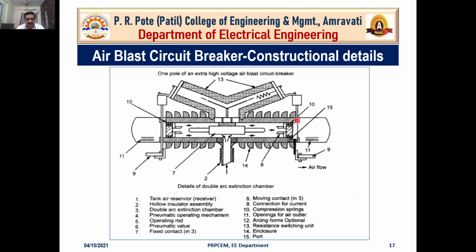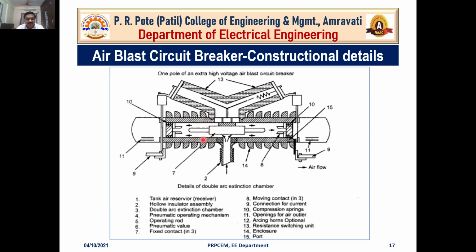These are the compressor springs we have. Then 11th is the opening of air outlets. So these are the air outlets. Once we blast the air on this arc and the contacts get separated, this air is exhausted through this valve. 12th is the optional arcing horn.